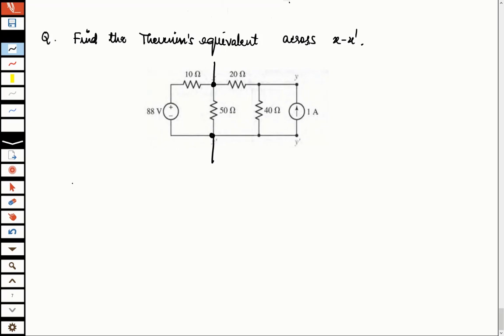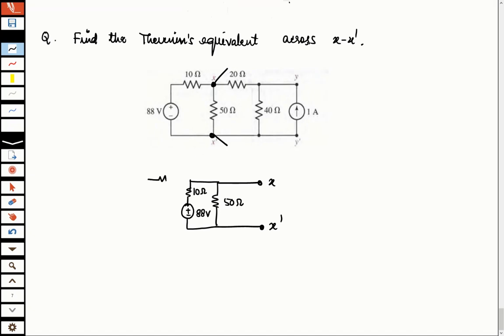You will redraw this circuit firstly, so that it is convenient to observe. Okay, so we want to redraw it as x dash, because this makes it just easier to visualize. So x dash, I'm just redrawing it, means there is 50 ohm resistor here. I'm redrawing it across these two pair of terminals. Then in parallel with it there is a 10 ohm resistor and 88 volt battery. So 10 ohm and 88 volt battery is in series.